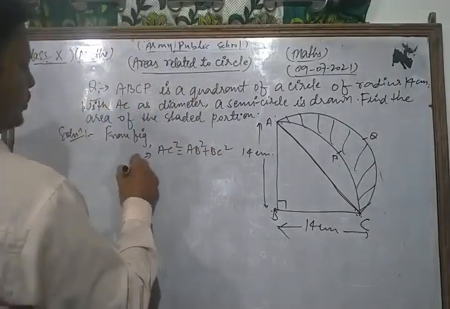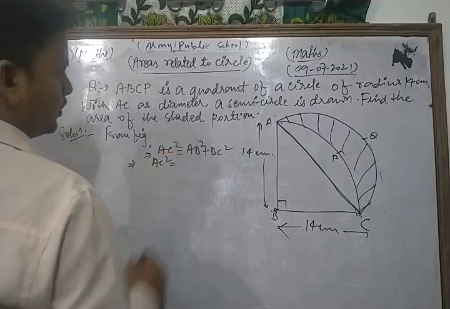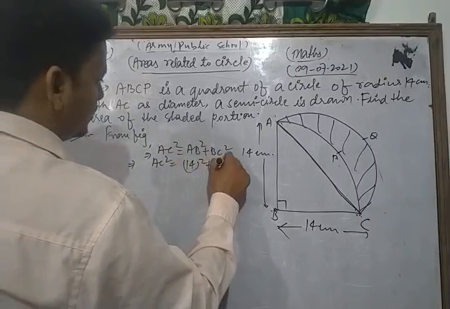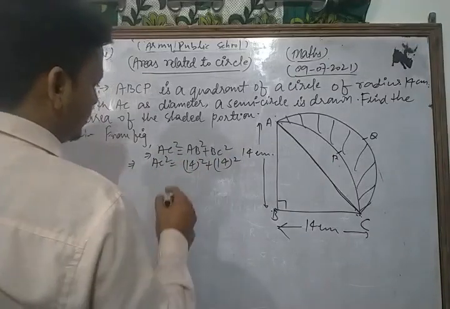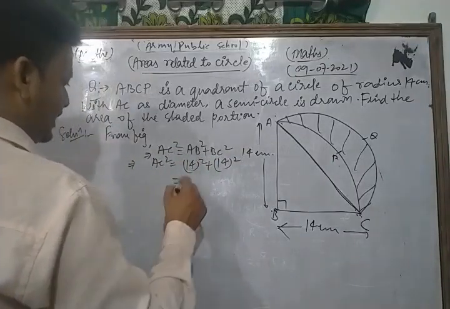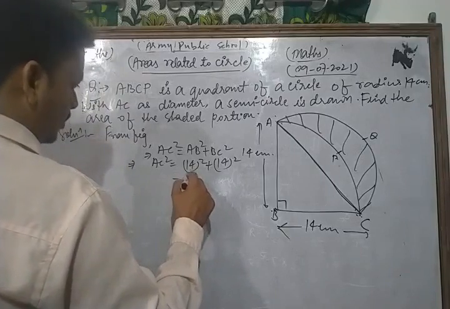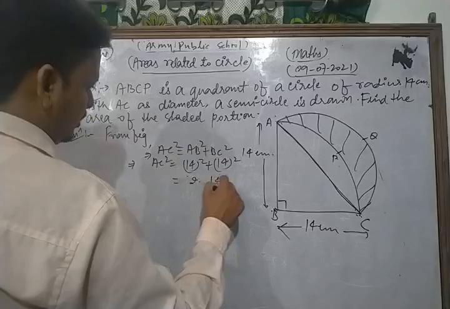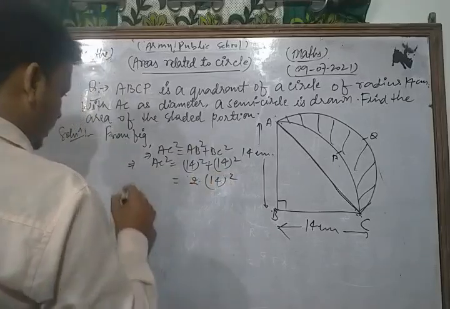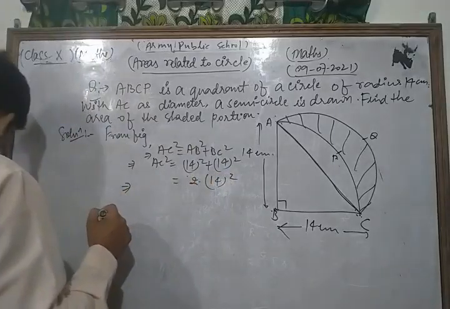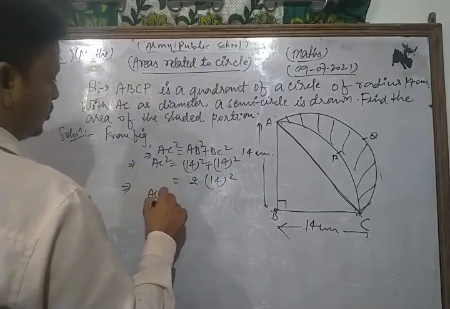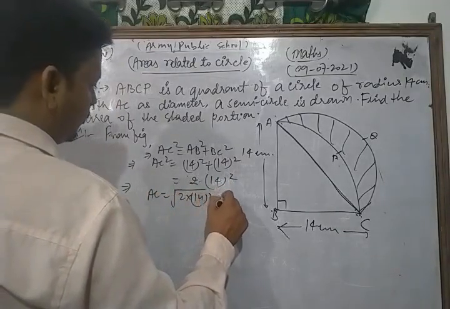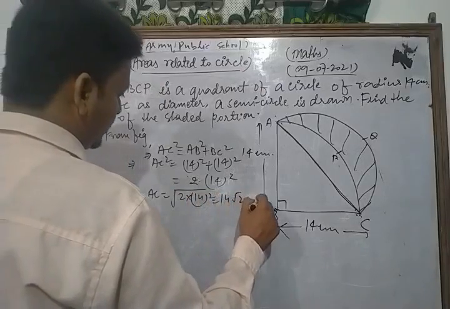So AC square is equal to 14 square plus 14 square, which is 2 into 14 square. So AC is equal to under root 2 into 14 square, so we have 14 under root 2 centimeter.